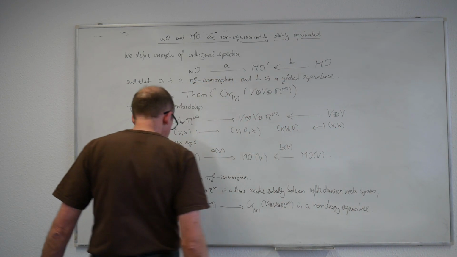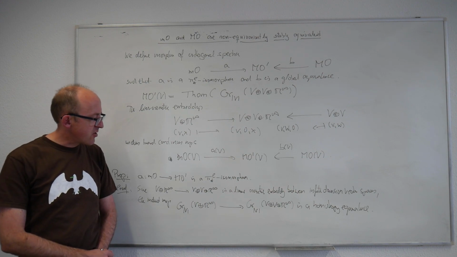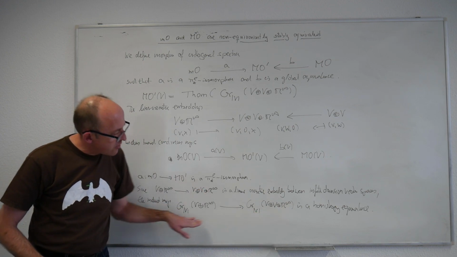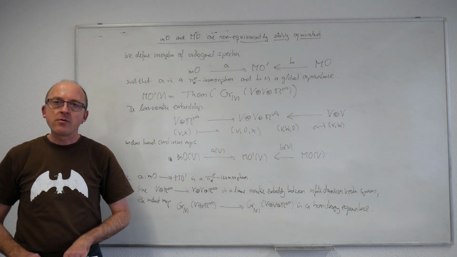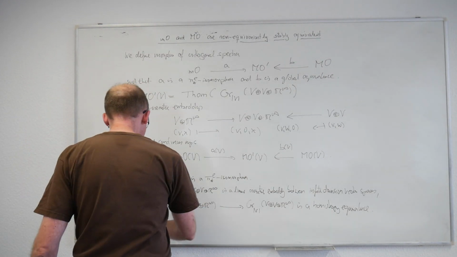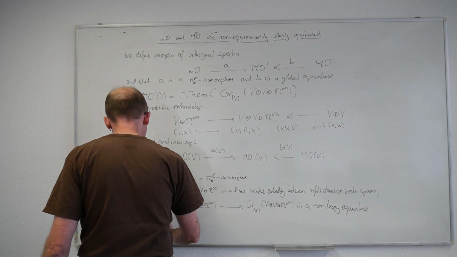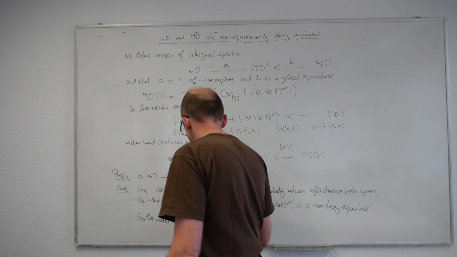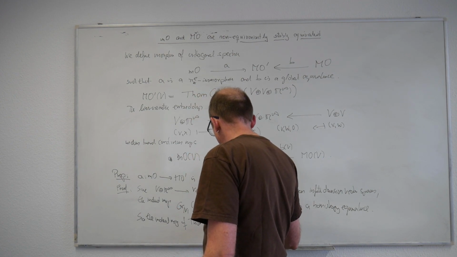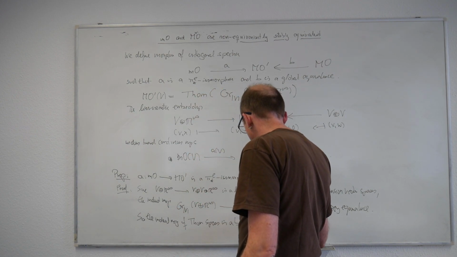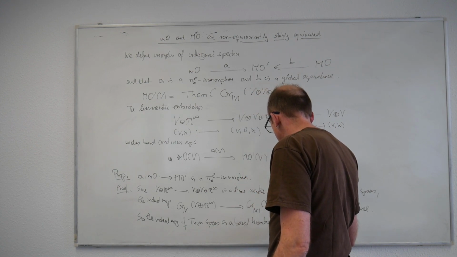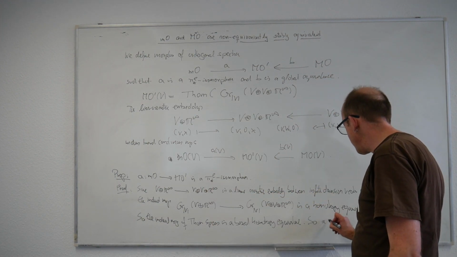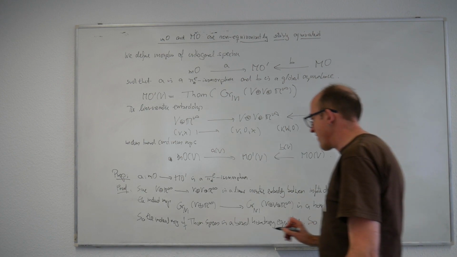And because these two spaces are also well behaved, they admit the structure of a CW complex, for example, and because the tautological bundle here is obtained by pulling back the tautological bundle here, the induced map on Thom spaces is also a based homotopy equivalence. So this morphism A is even a non-equivariant level equivalence.